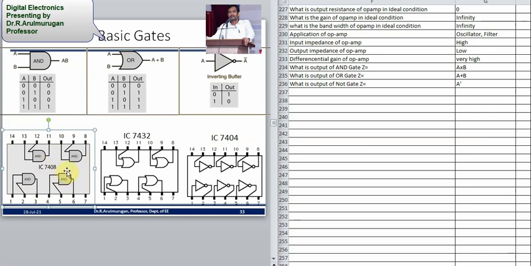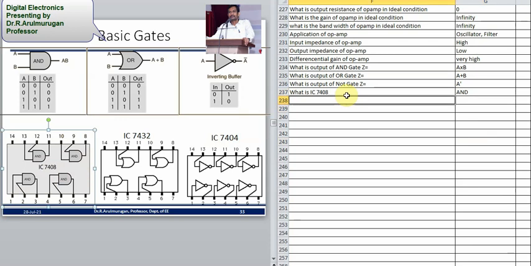Okay, IC question: what is IC 7408? It is the AND gate. You should say AND gate. 7805 is a voltage regulator, IC 7408 is the AND gate. Easy to remember.